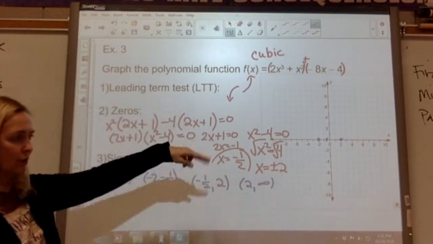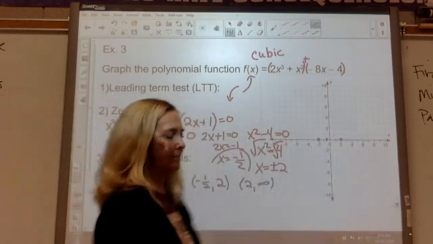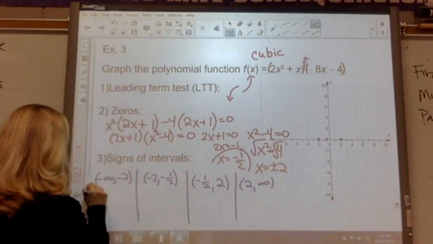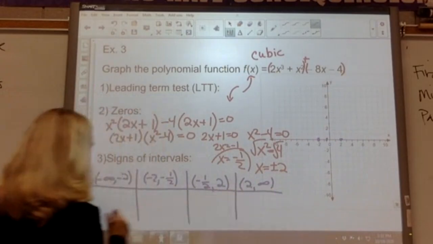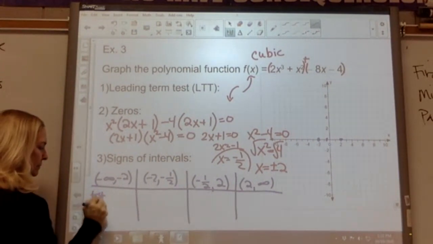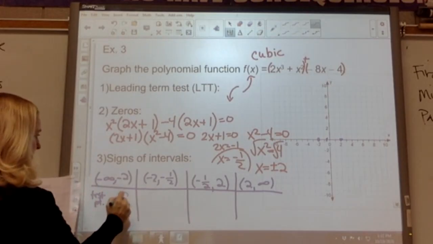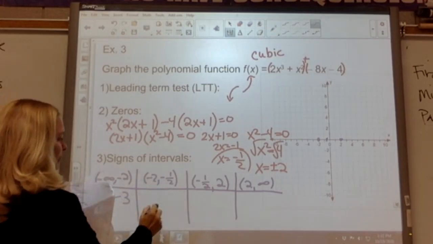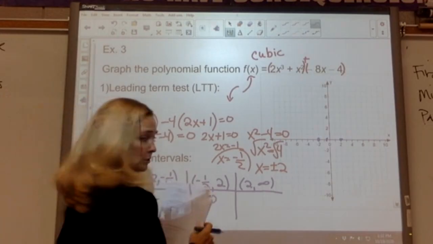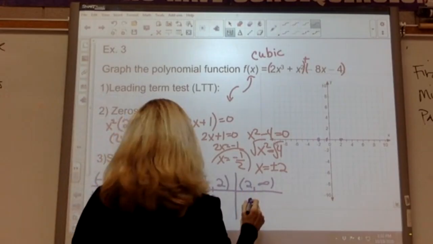So these zeros divided the x-axis into 4 sections. So this is my test point. I picked -3. Between -2 and -1/2, I picked -1. Here I picked 0. I always use 0 if you can use it. And then something bigger than 2, I chose 3.